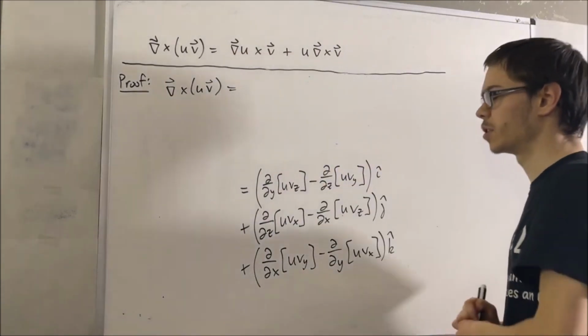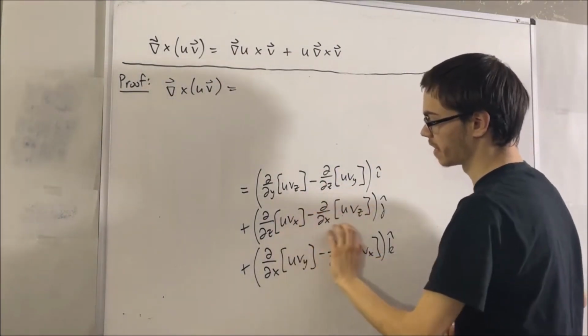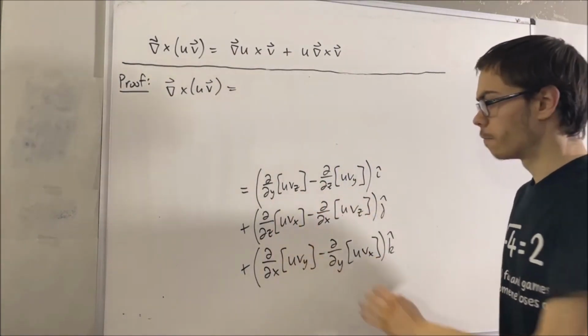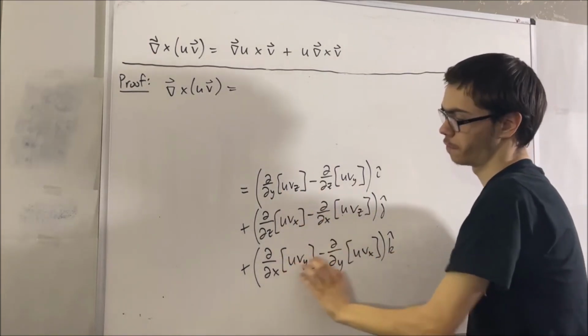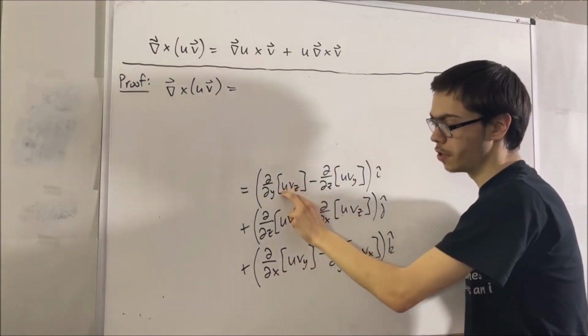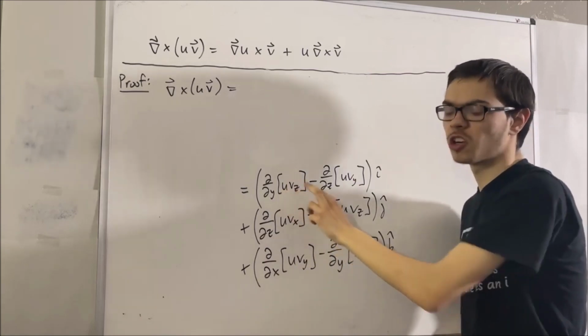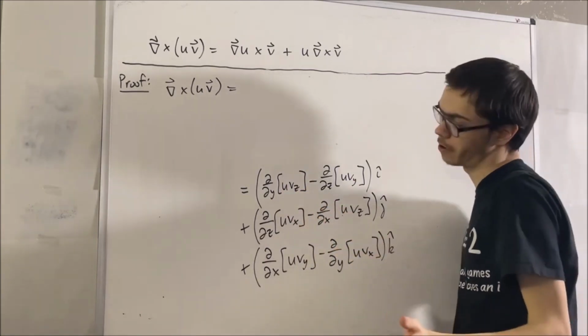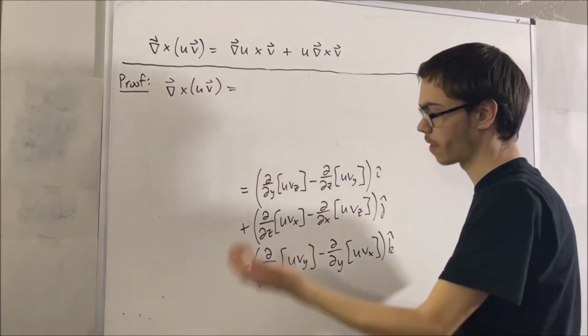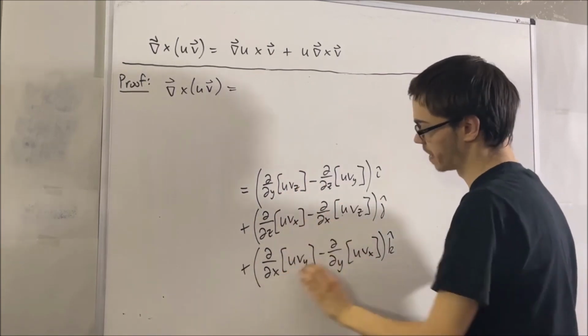So now what we have to do is take the derivative of each of these things. And for the derivative of each of these things, it's going to involve the product rule, because u and the components of v aren't necessarily constant, right? They could vary with respect to x, y, and z. So we're going to have to use the product rule for each of these.